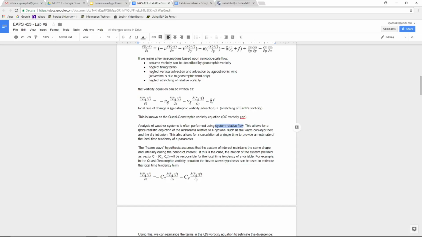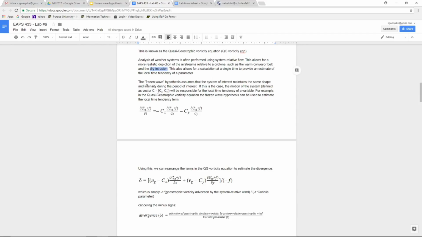And this type of analysis is widely used. It makes it easier to identify different airstreams relative to a cyclone. And things like the warm conveyor belt, the cold conveyor belt, the dry intrusion are easiest to find when you use this system relative flow approach.